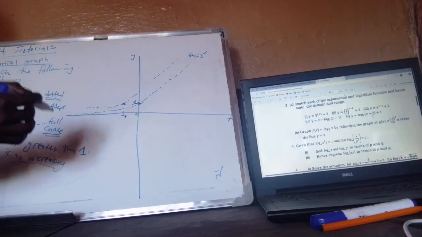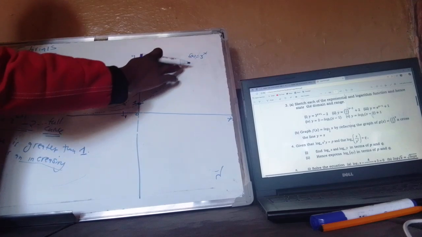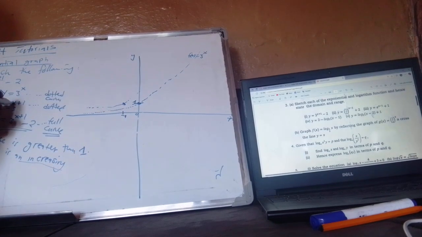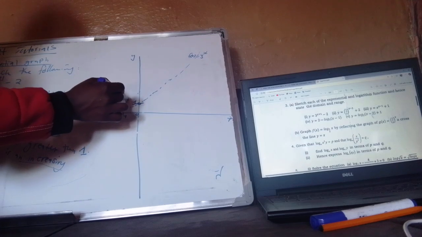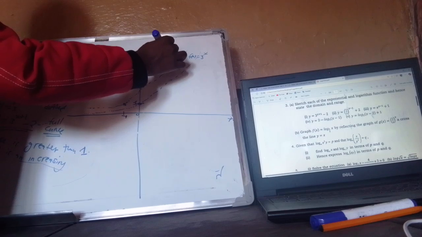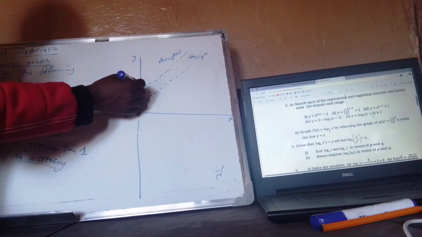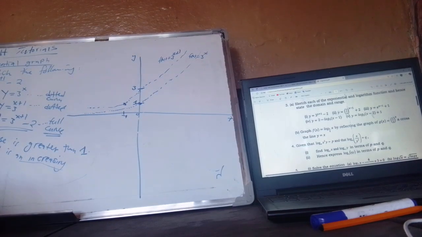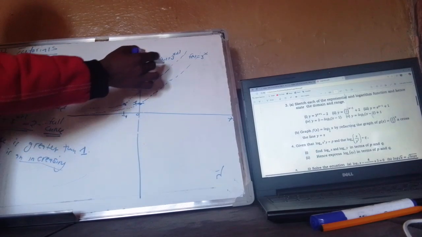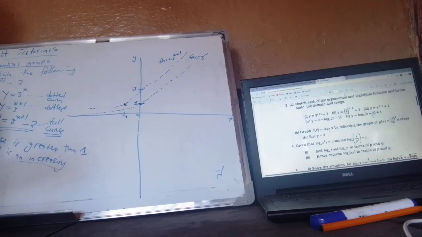When x is 0 and we put a 0 there, we get 3 power 1. It means that it's going to cross at 3. So this will be f of x equals 3 power x plus 1. When x is 0, it is cutting at 3. Remember, that is your y-intercept for this function, along with the point negative 1,1.